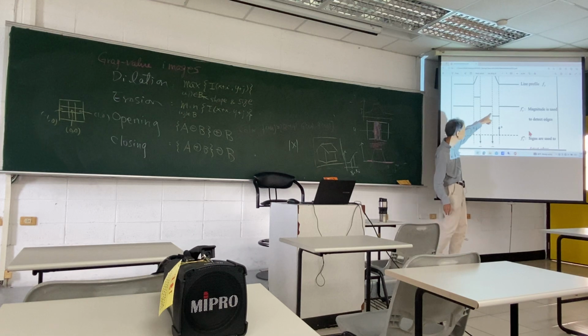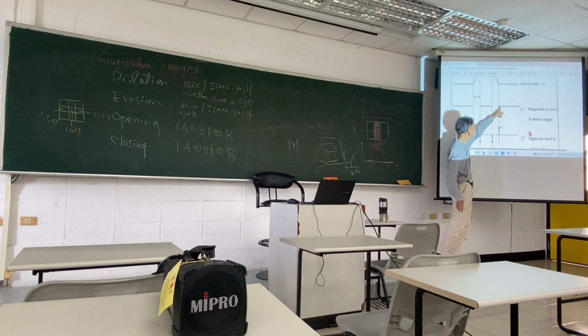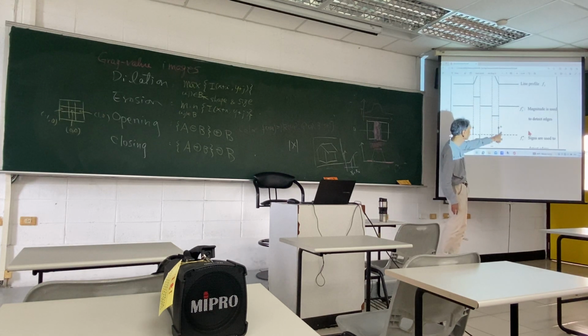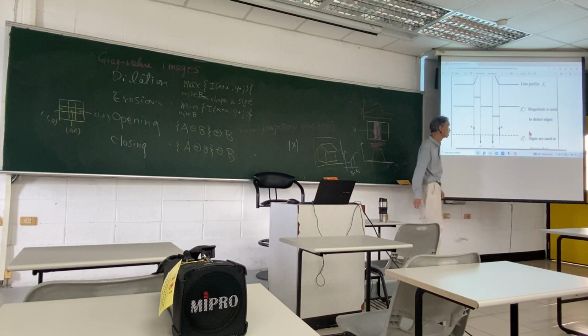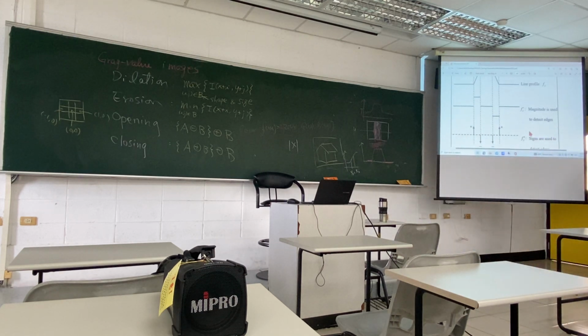When you come to here, the derivative will be negative, because it's the value of this point minus the previous point. And for that, it is this value minus this value, then it becomes positive. So it means if we use the second derivative to identify the edges, we use the sign.